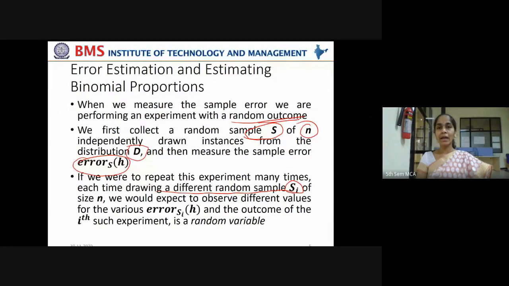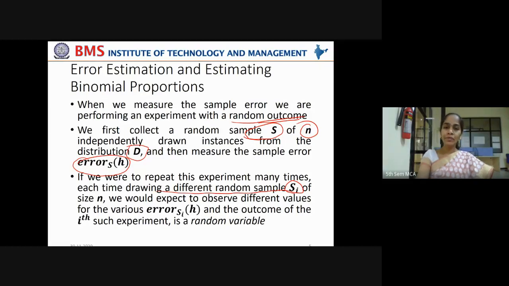In each experiment, you're taking a different random sample, and each experiment contains n data points, or n instances.